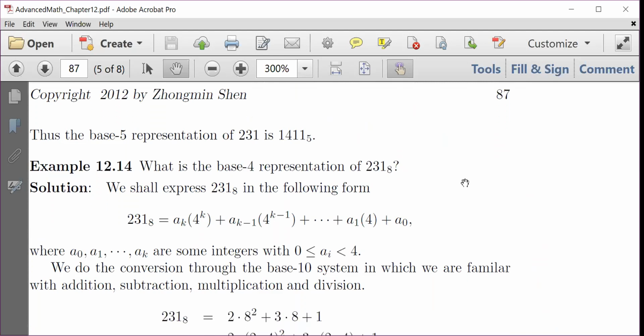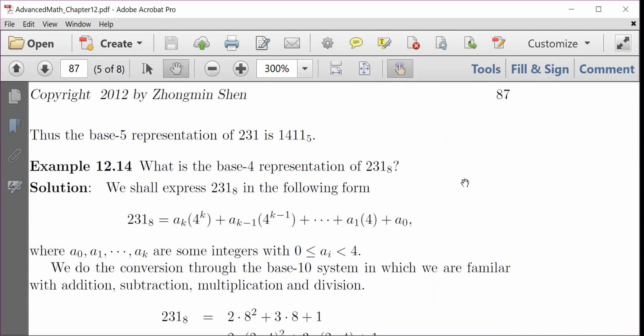231 in the base 8 system is 2 times 8 squared, plus 3 times 8, plus 1. So the right-hand side is a number in our base 10 system.